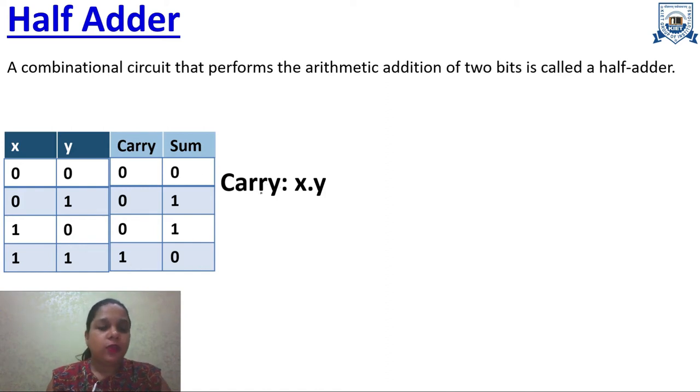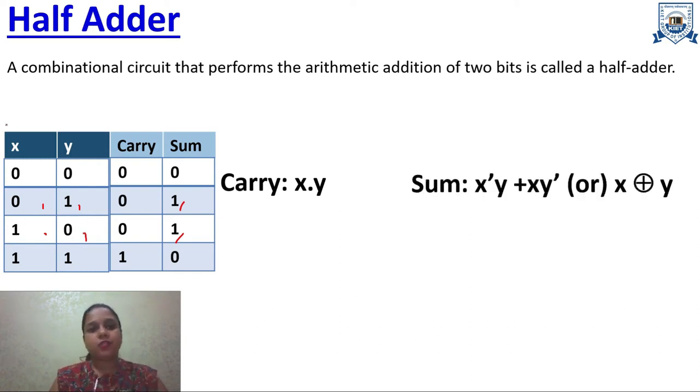Now we need to calculate the Boolean expression for sum. So across 1, the inputs will be seen and the output expression is generated. For this one, the input expression is x bar y, plus for this one, the input expression will be x y bar. So the Boolean expression for sum will be x bar y plus x y bar. This is a simple statement for x XOR y.